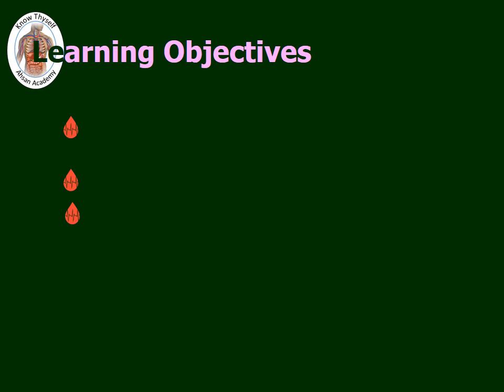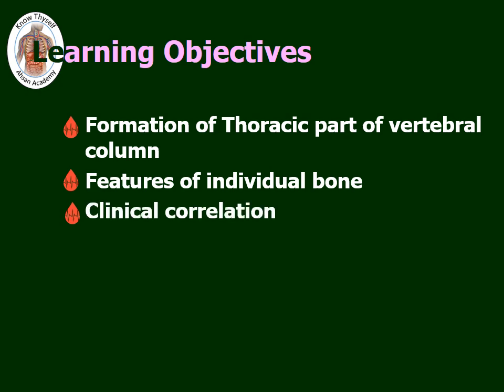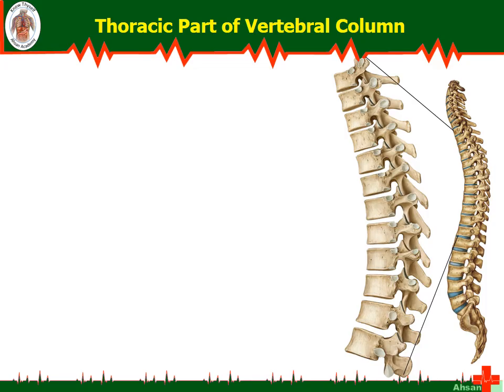Let us fix the objective. First, I will discuss the formation of the thoracic part of the vertebral column. Then, one by one, the individual thoracic vertebra features will be discussed, and at every stage the clinical correlation will be made.